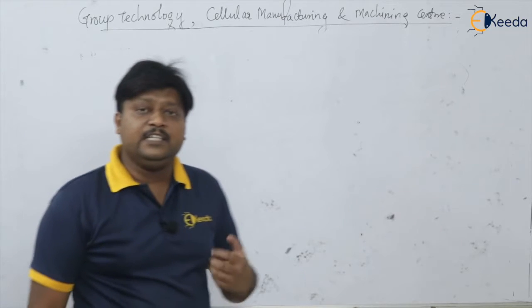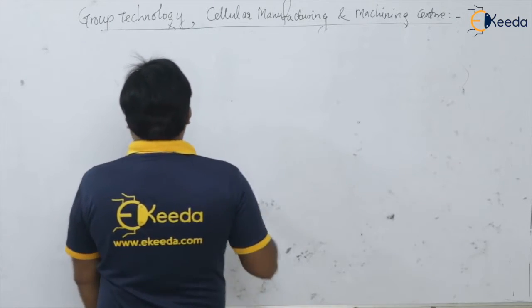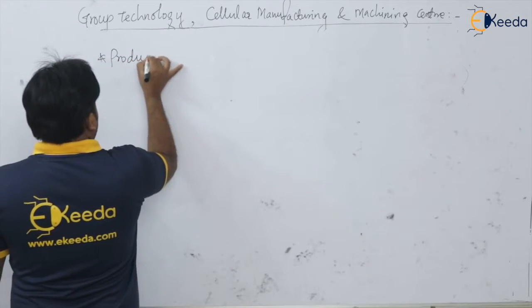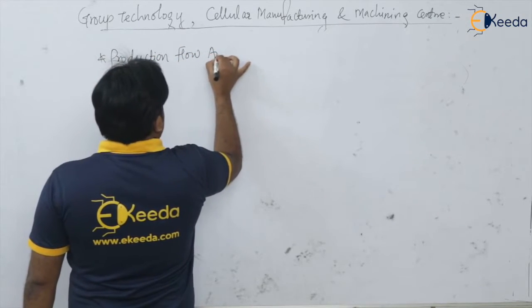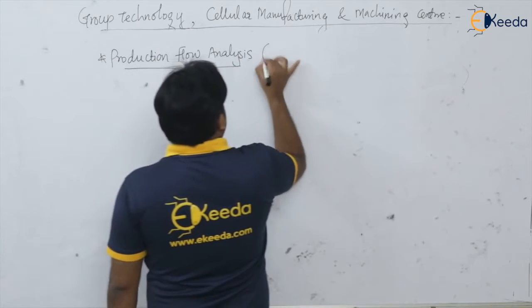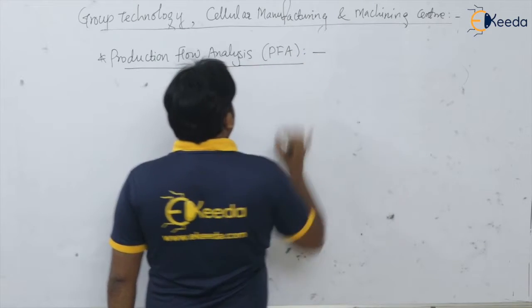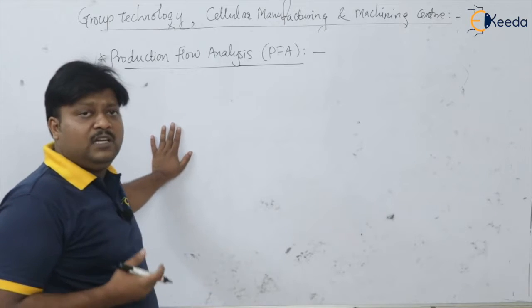Now see, regarding this group technology, one more philosophy that we have is the production flow analysis. The production flow analysis is also known as PFA. So what is this PFA? Production flow analysis क्या है?